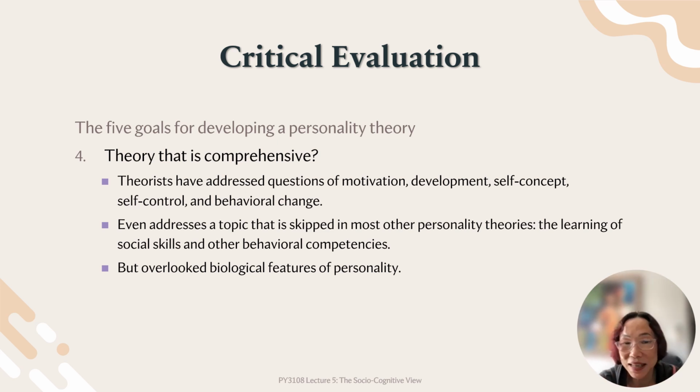The learning process is often ignored in other personality theories, but social cognitive theory did a very good job in this aspect. But it sometimes overlooks biological features of personality, focusing more on environmental and social factors, and overlooking the biological factors in personality. So maybe a question mark?